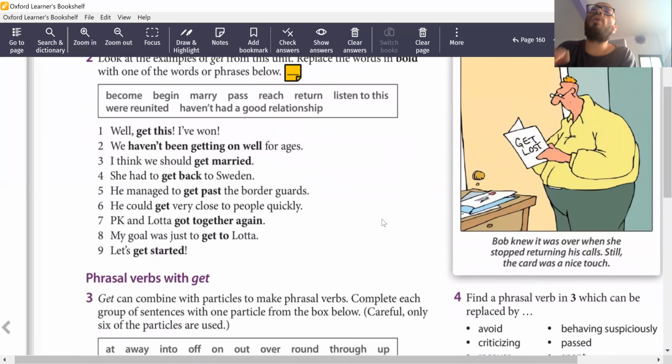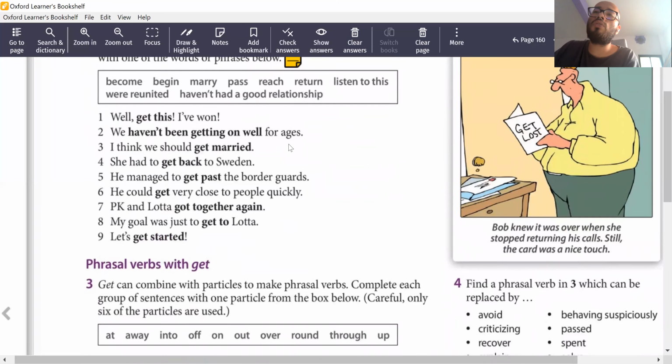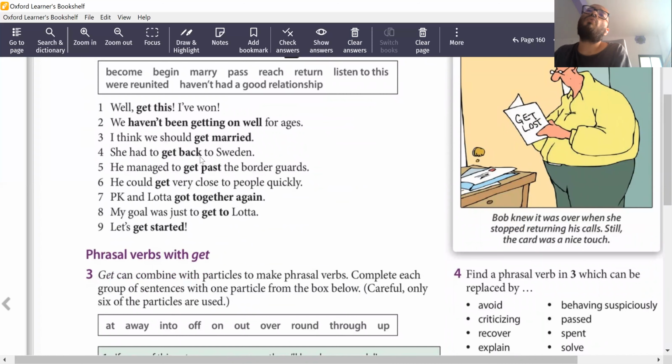Listen to this: were reunited, having had a good relationship. So all of those are expressions: get back, get past, get together, get to, get started, get this. We haven't been getting on well, like having a good relationship.